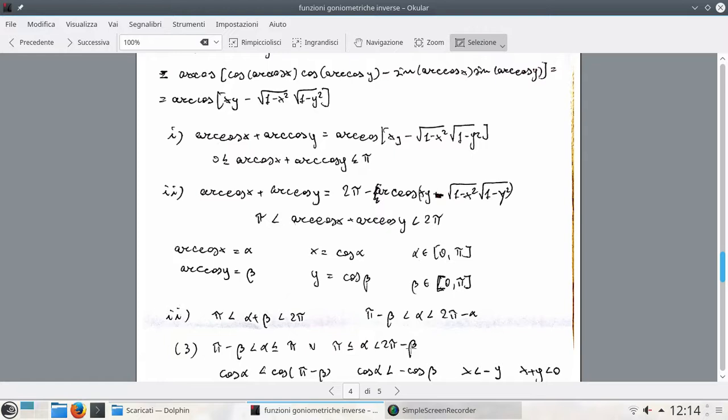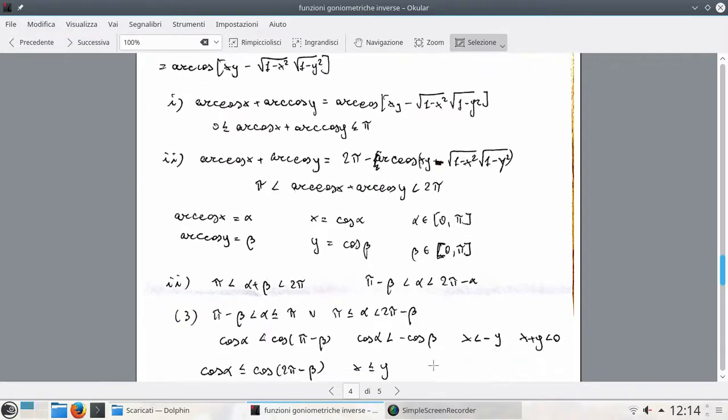Okay, if we consider the first part of three, considering the decreasing behavior of cosine, we have cosine alpha less than cosine of (pi minus beta), and so cosine alpha less than minus cos beta, and x less than negative y, sorry.